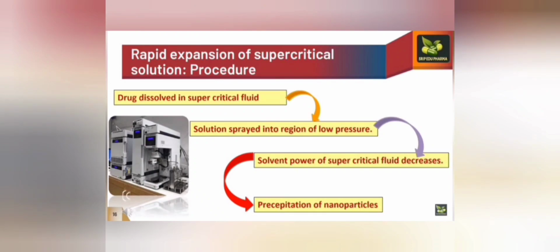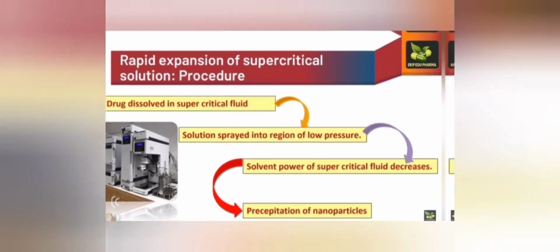Rapid expansion of supercritical solution. The process of rapid expansion of supercritical solution is: firstly, the drug is dissolved in supercritical fluid. Then the solution is sprayed into a region of low pressure.